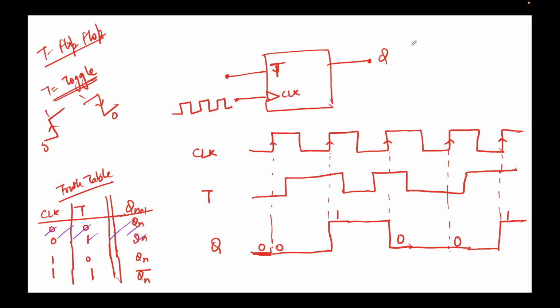But just one more thing. The T flip-flop is nothing but a version of the JK flip-flop. The bottom 2 rows are taken, and the first 2 rows are usually not taken, because the output is not changing. If the clock is not there, even though you change the toggle input, the output will not change.